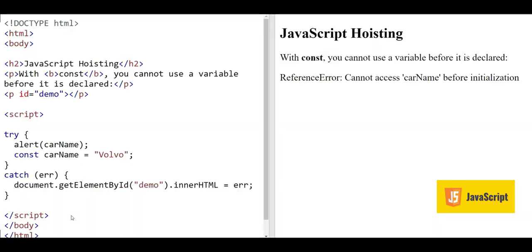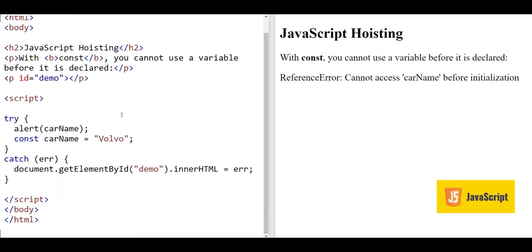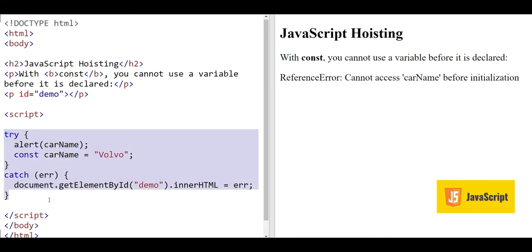So let's look at this example. In this example we have a try and catch block. Here we are doing what? We are saying alert carName. And we are defining the variable carName after carName has been used in the alert statement, and the value assigned is Volvo.